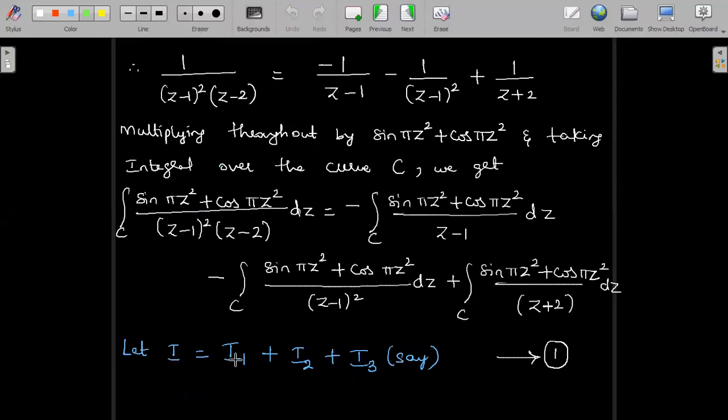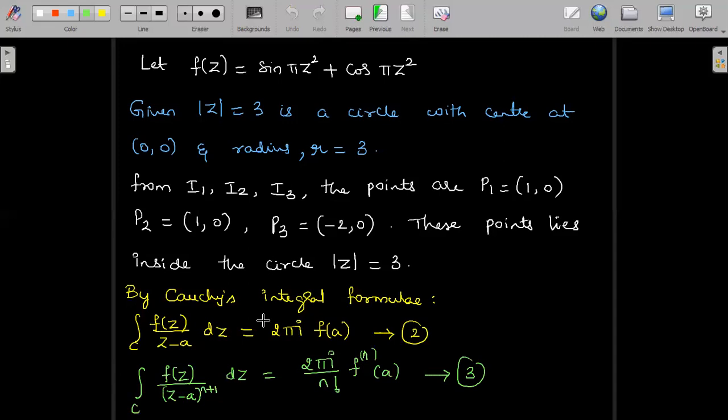Let me evaluate I1 using equation 2. I1 is equal to, there is a minus sign to consider, 2 pi i into f of a, where a is equal to 1.